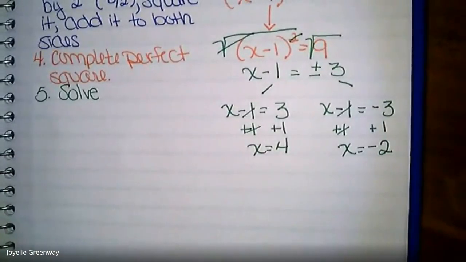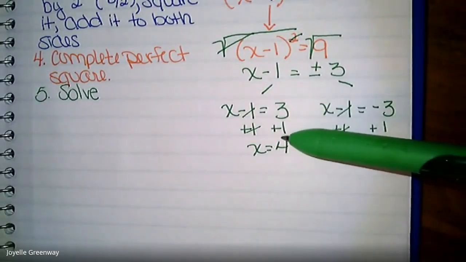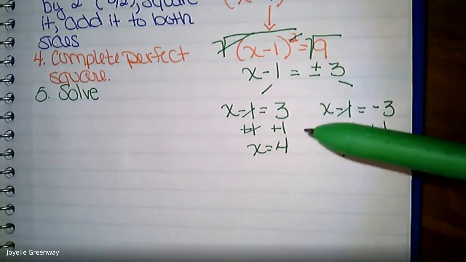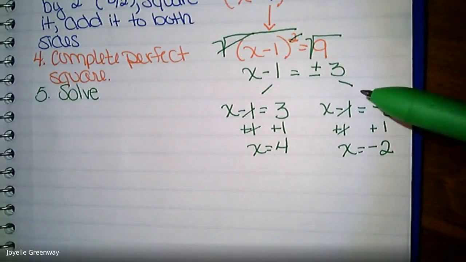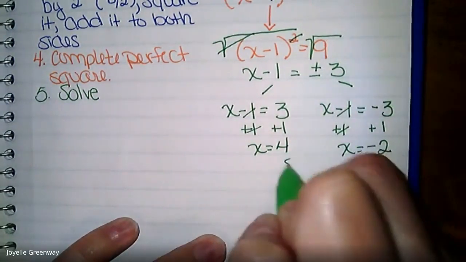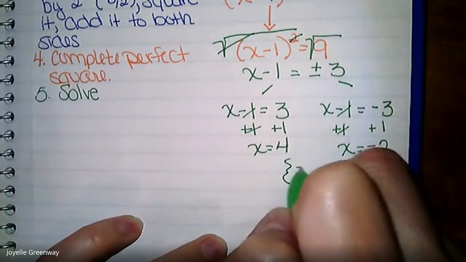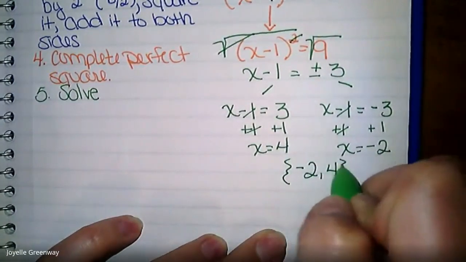So the way that you can write your solutions for quadratics, and I don't have a preference. Your geometry or algebra 2 teacher might. So just go with what they want. But you can write it as a solution set like this, which is like negative 2 and 4.